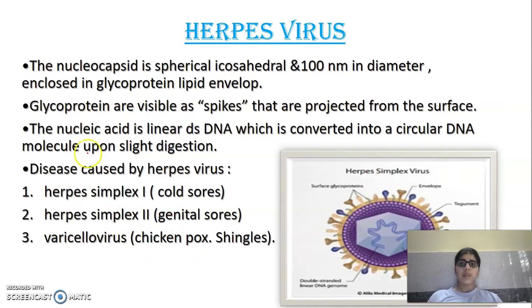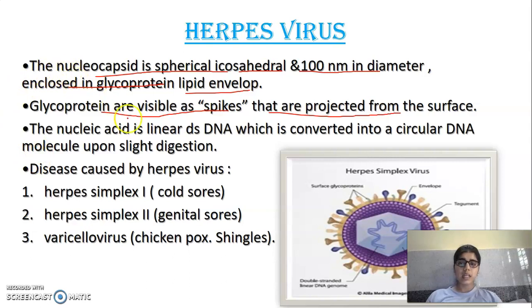Herpes virus. The nucleocapsid is spherical, icosahedral, and 100 nanometers in diameter, enclosed in a glycoprotein lipid envelope. Glycoproteins are visible as spikes projected from the surface, and the nucleic acid is linear double-stranded DNA, which is converted into a circular DNA molecule upon slight digestion.